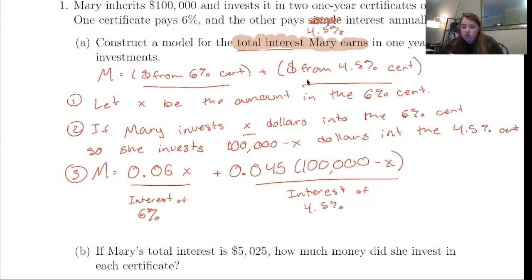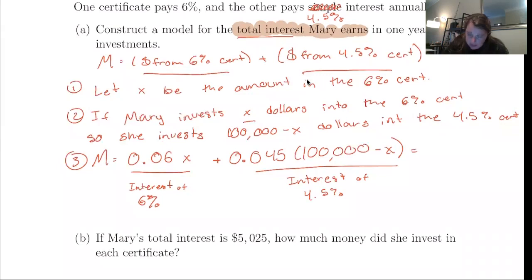So that's our equation. If you wanted to multiply through the 0.045, you could. You don't need to. But if we did, what would we get? Actually, that might help.